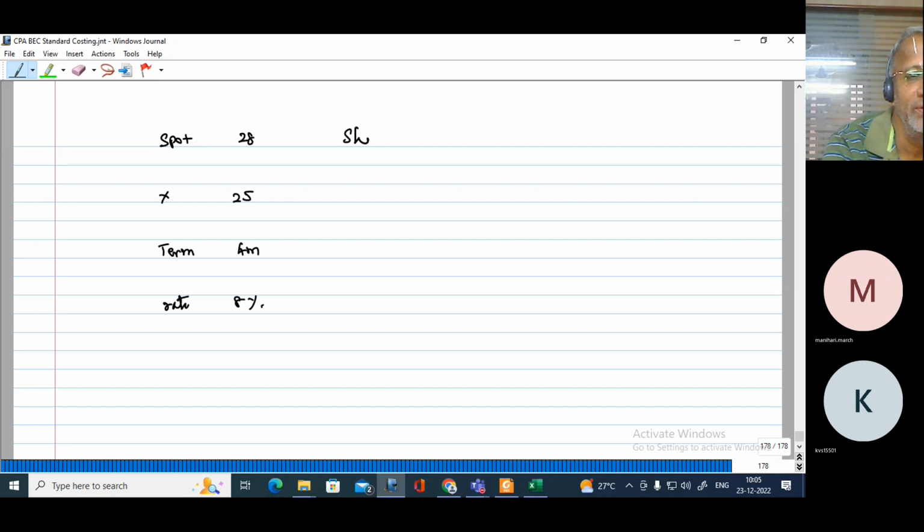Step 1, PVF is equal to e raised to minus 0.08 into 4 by 12. 0.08 into 4 divided by 12, memory plus, into equal to, divided by 2.